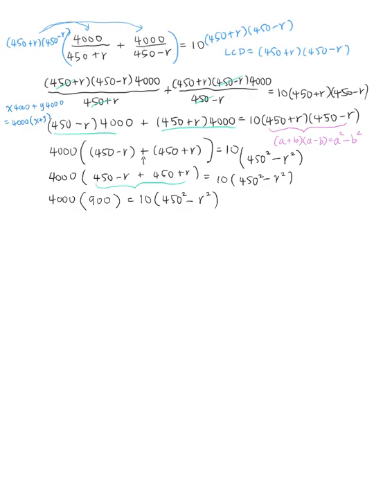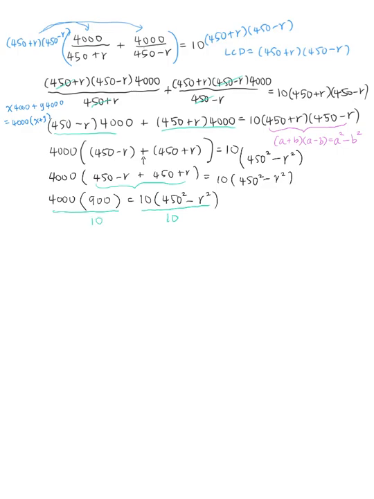Next step, sure, you can distribute the 10 to each side if you want to, but look at it. Isn't 10 going into 900 very nicely? So to use another little shortcut, what I would do is to make my life a little bit simpler by dividing both sides by 10.